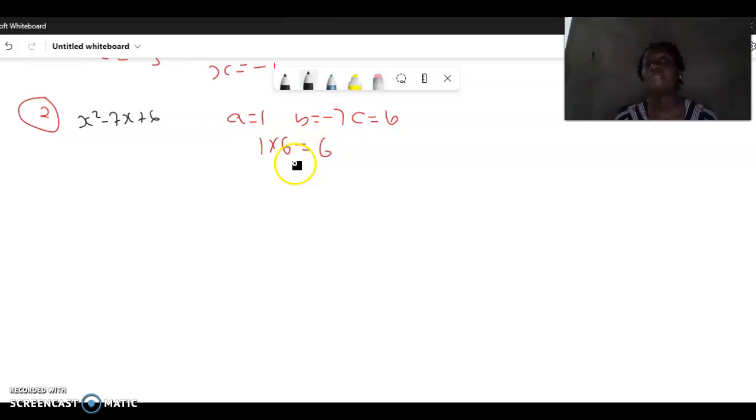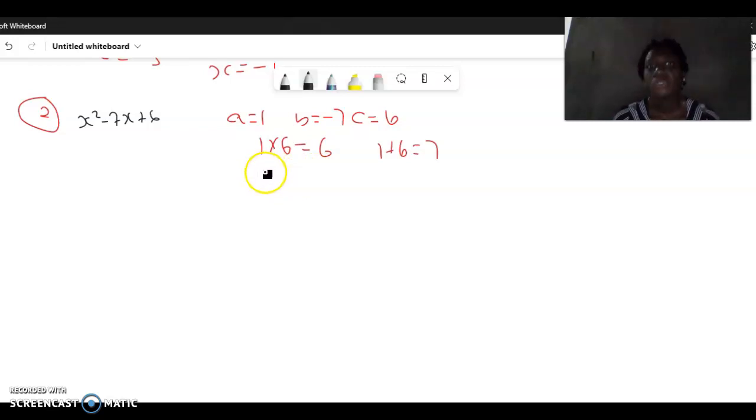We now need to find factors such that when we add 1 and 6, 1 plus 6, that will yield a positive 7. Now, positive 7 is not equal to the b term. We're looking for negative 7 and not positive 7. So we need to go ahead and find other factors that will yield negative 7.